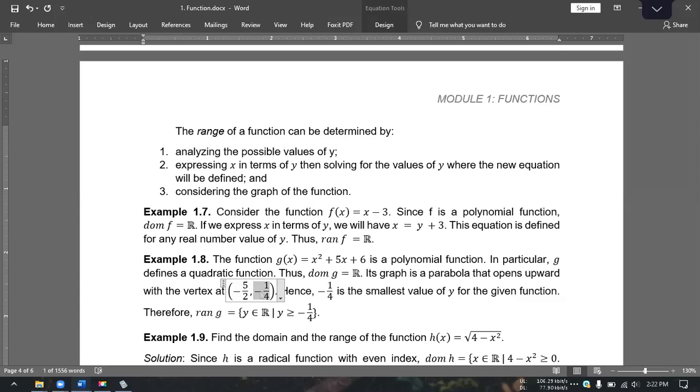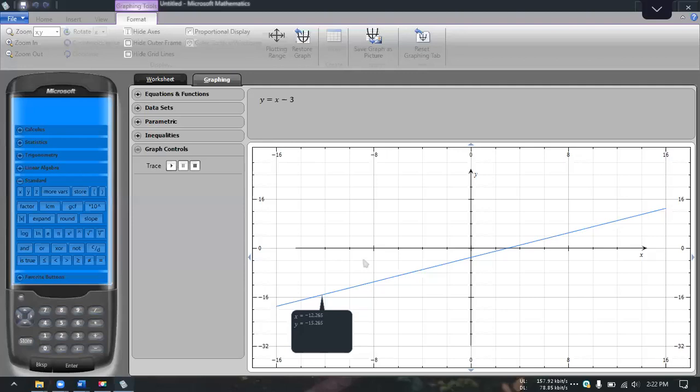Okay. I think you will be understanding more what I'm talking about if I were to graph the function. Graph natin.